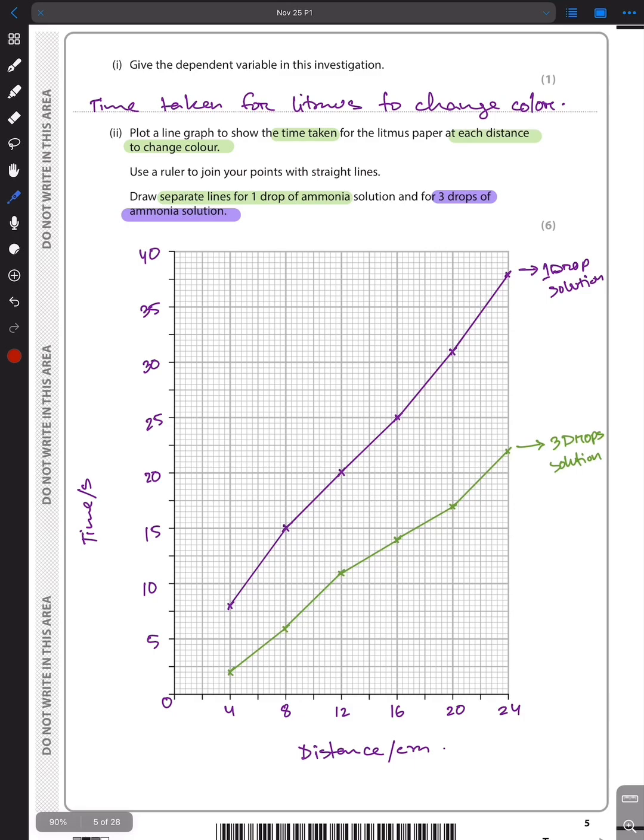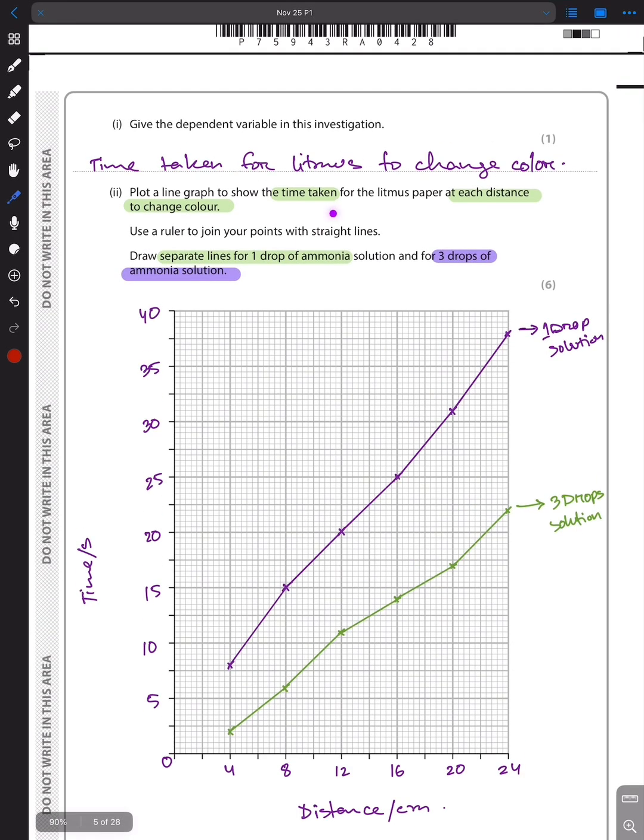Plot a line graph to show the time taken for litmus paper at each distance to change color. Use a ruler to join your points with straight lines. Draw separate lines for 1 drop of ammonia solution and for 3 drops of ammonia solution.